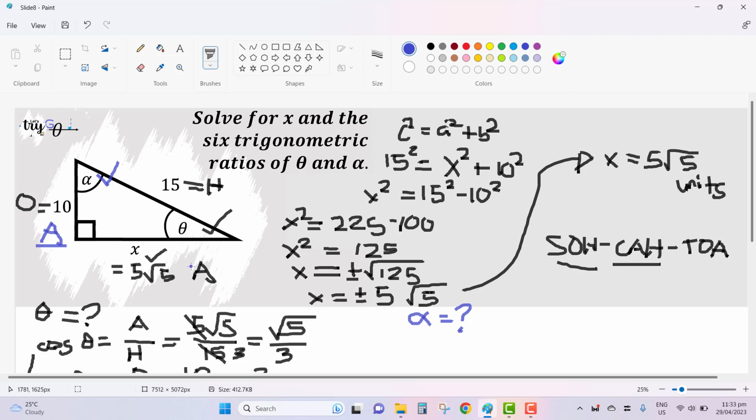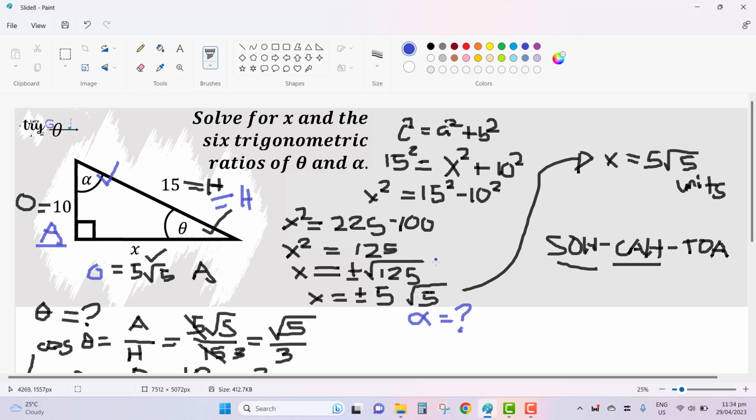The adjacent side of x, which measures 5 square root of 5 as computed earlier using the Pythagorean theorem, will now become your opposite side. And the hypotenuse is still your hypotenuse.